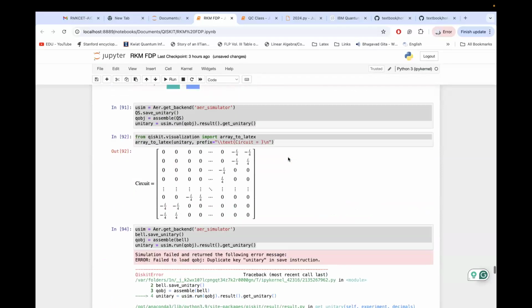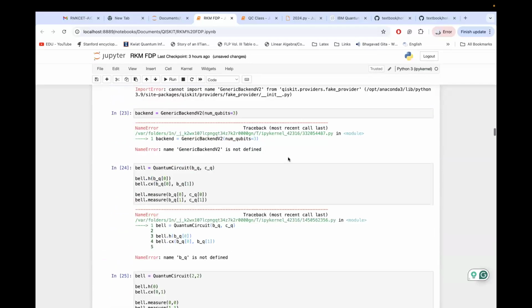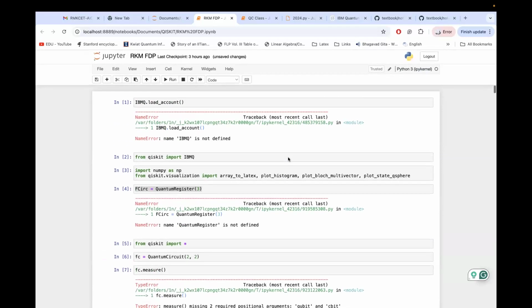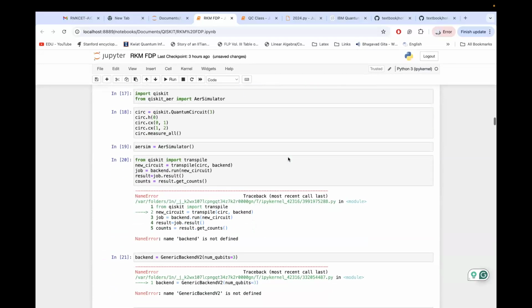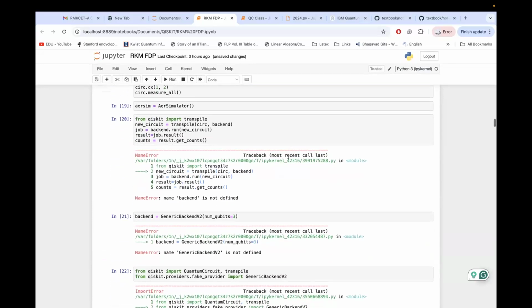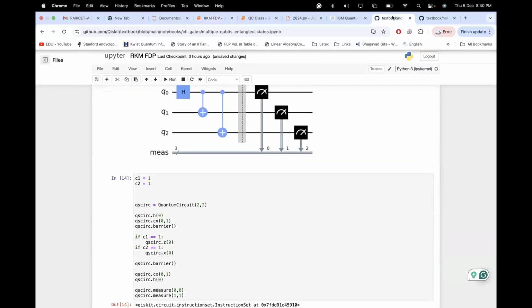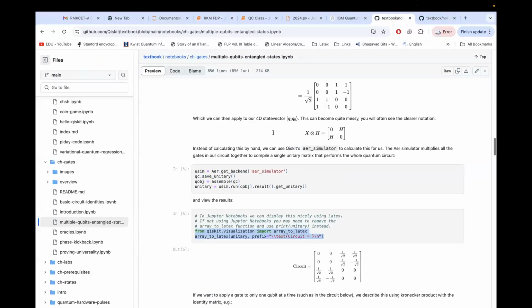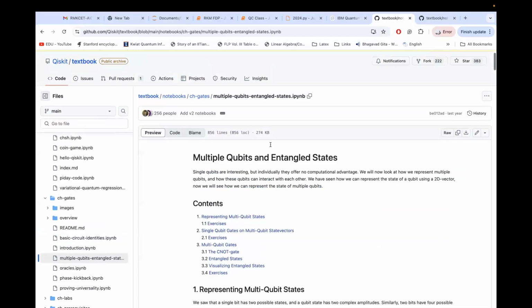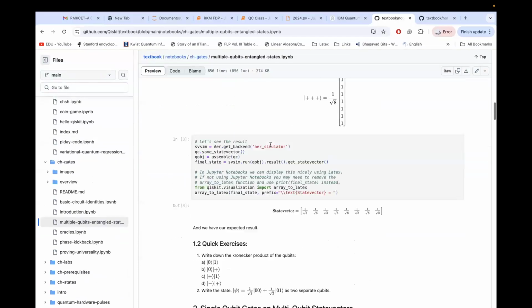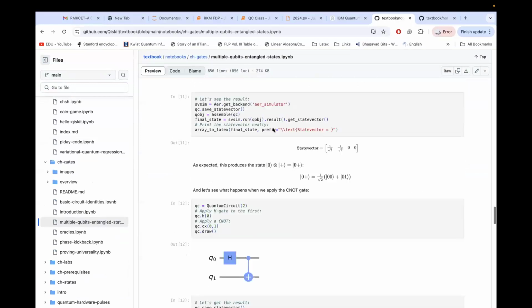So what we have learned so far: how to install Qiskit on your PC, how to get the IBM token and then get a package for you. Afterwards, we used this Qiskit textbook, and with that we can work with any circuit or any algorithms.